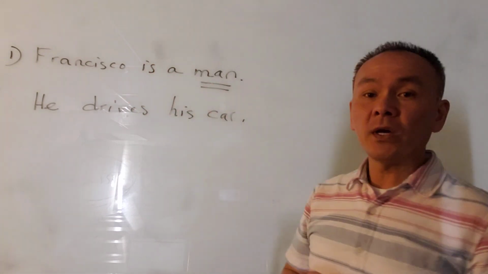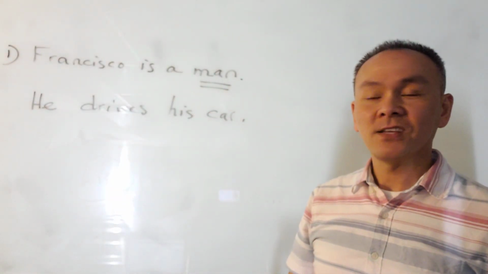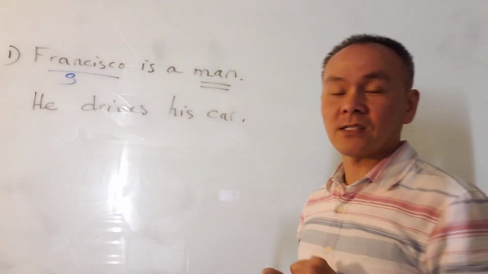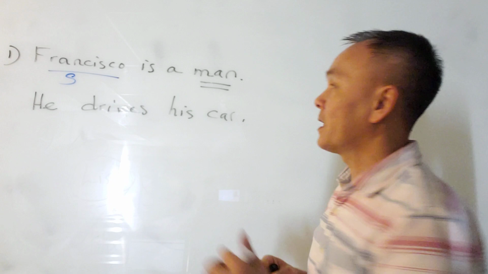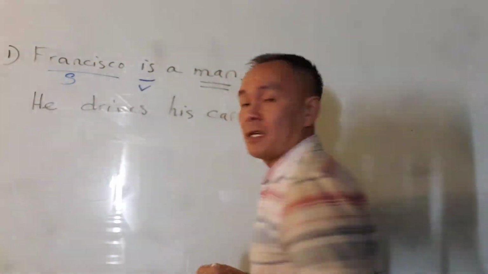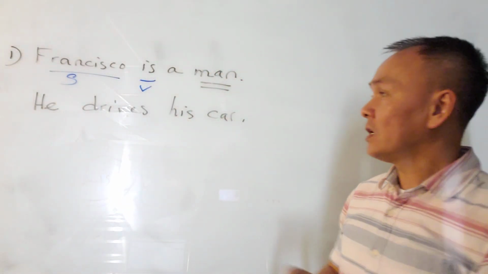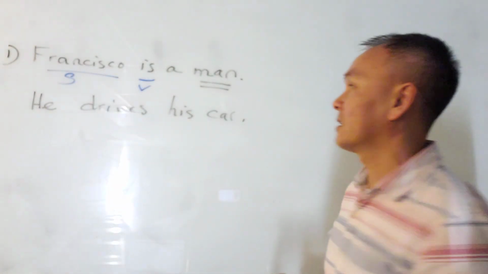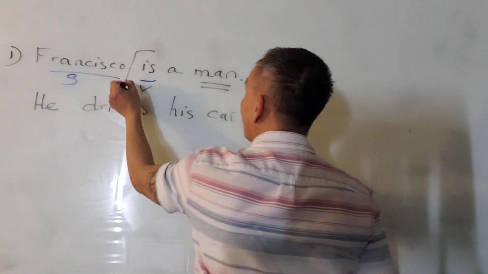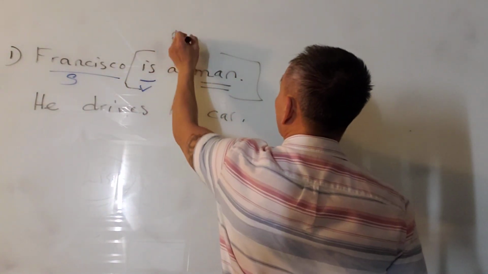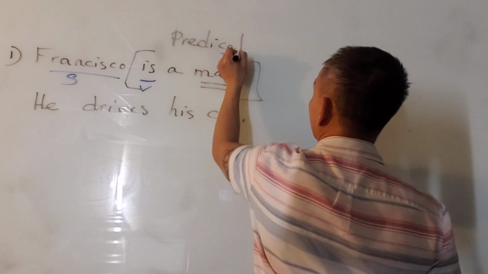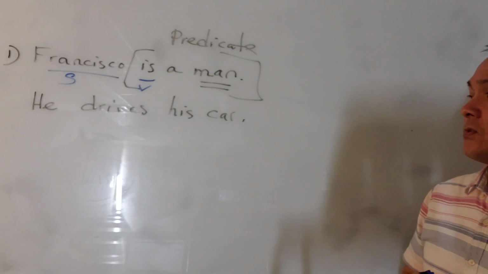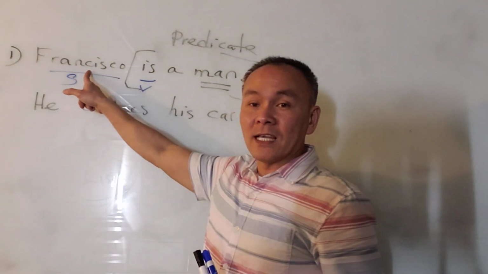Francisco is a man. What is the subject? If you say the subject is Francisco, then you are correct. What is the verb? If you say the verb is, that is correct. If the subject is Francisco, what is the predicate? If you say is a man, then you are correct. That is the predicate. Now, Francisco is a noun.